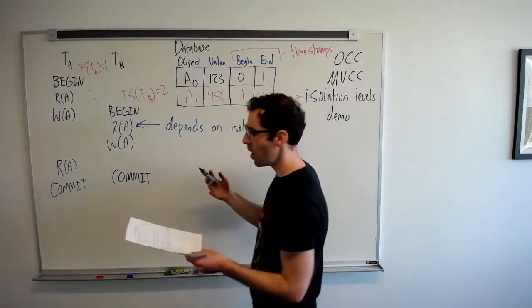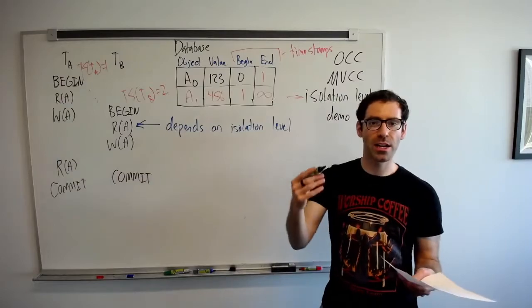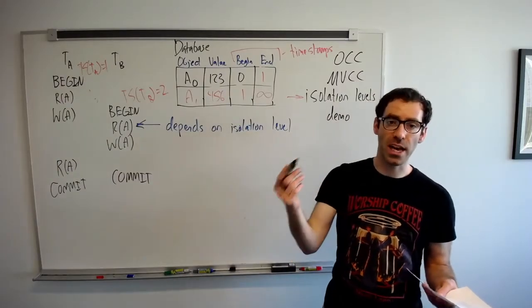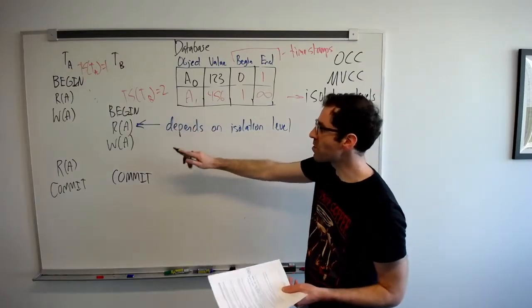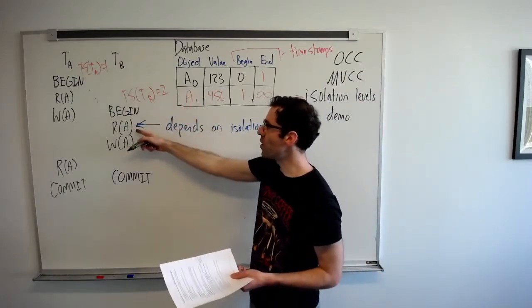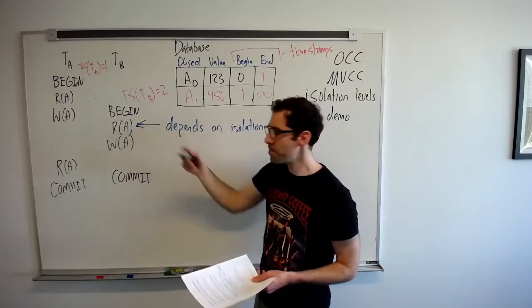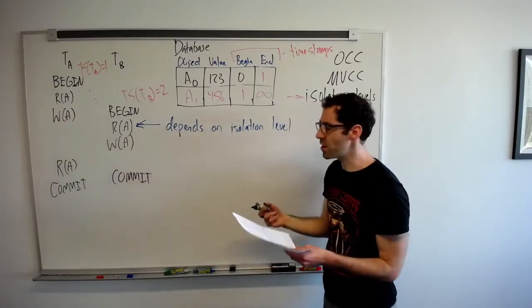And so database systems will provide different isolation levels that you can set a transaction to, which will determine things like which of these two will our transaction read. So what are these isolation levels?